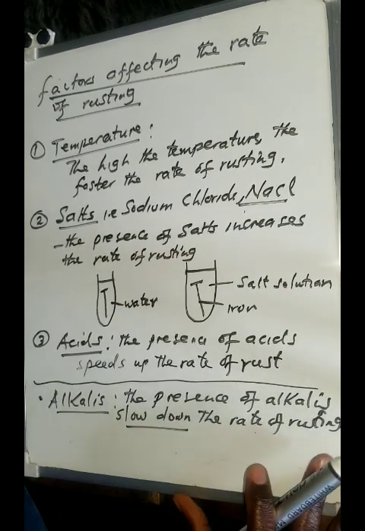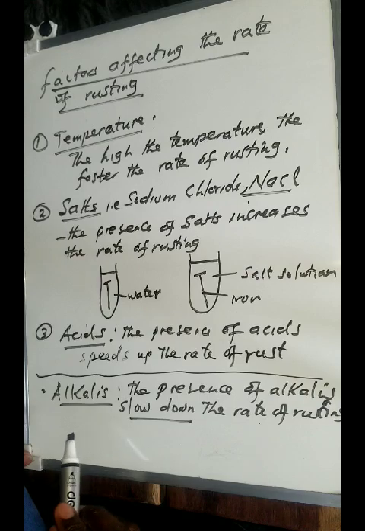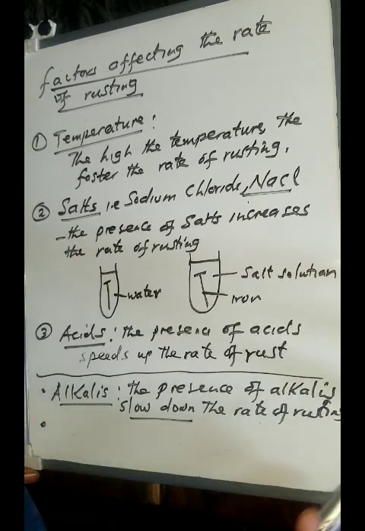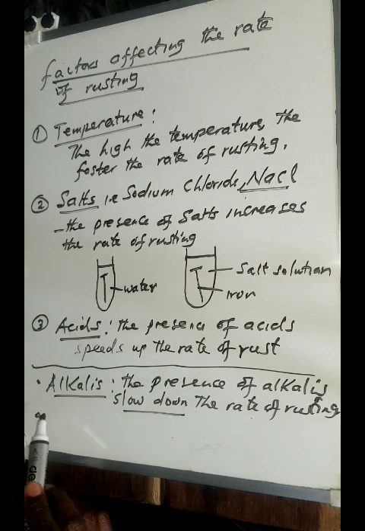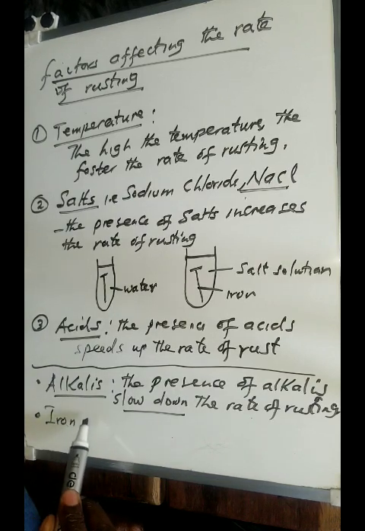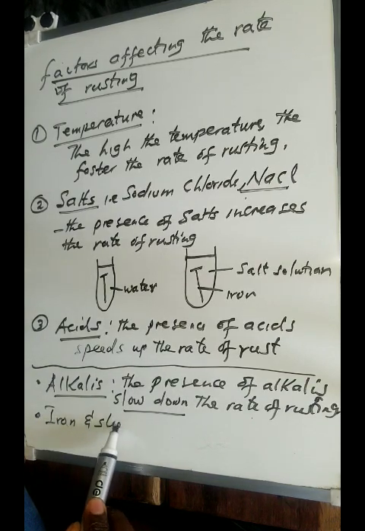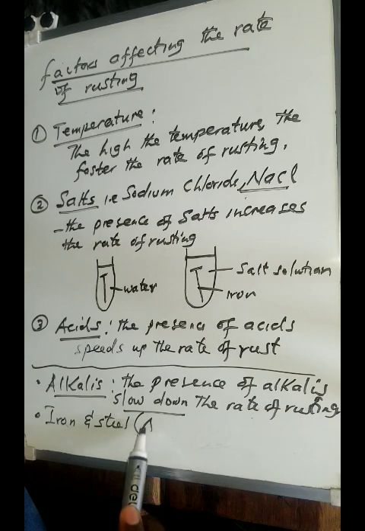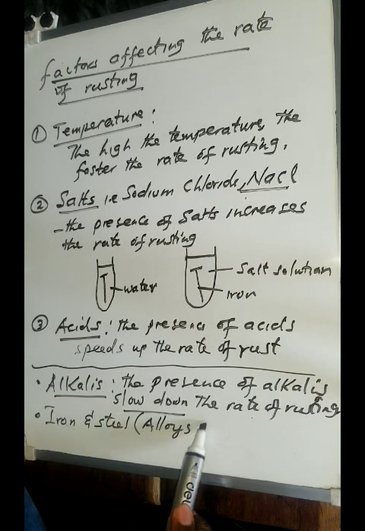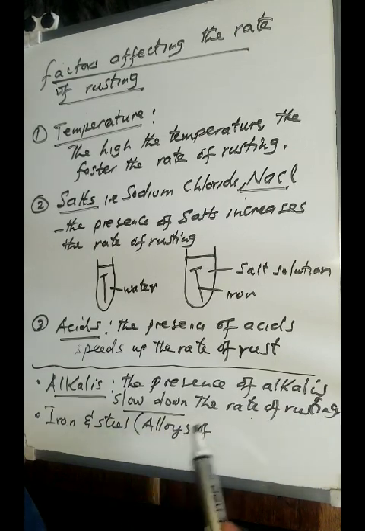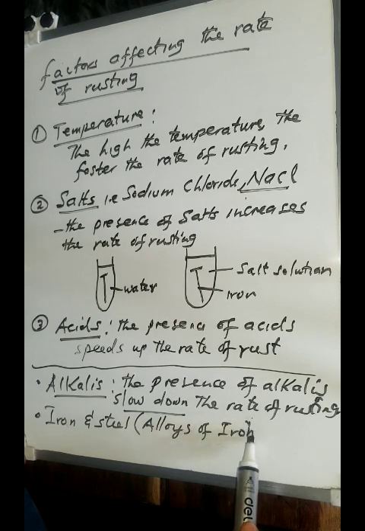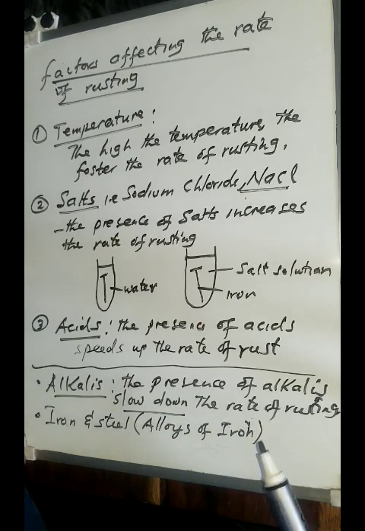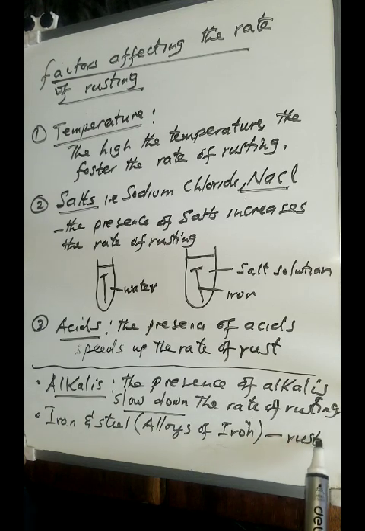Now I want you to take note of a few points that you need to understand. When it comes to iron and steel, or we can say alloys of iron, when these are exposed to oxygen and air, we use a special term, and that is what we call rusting.